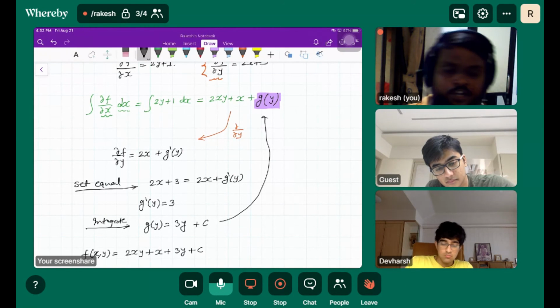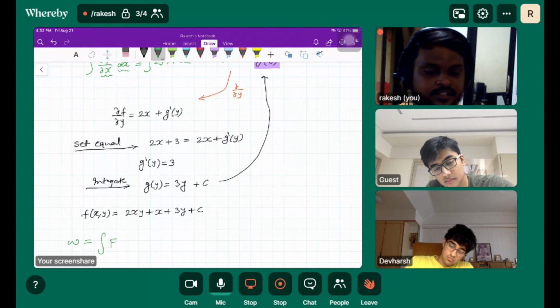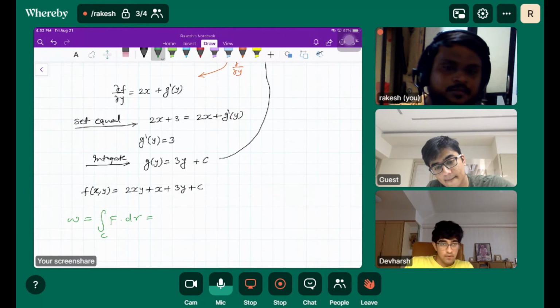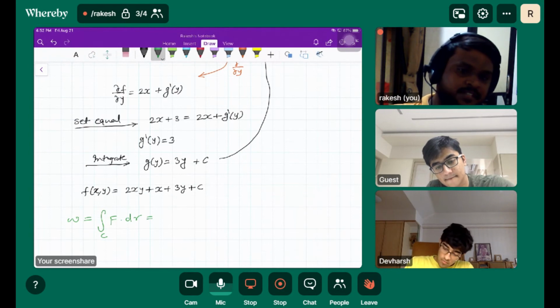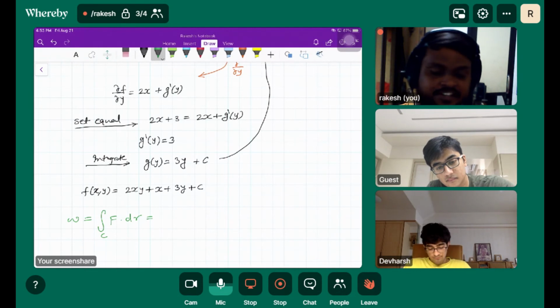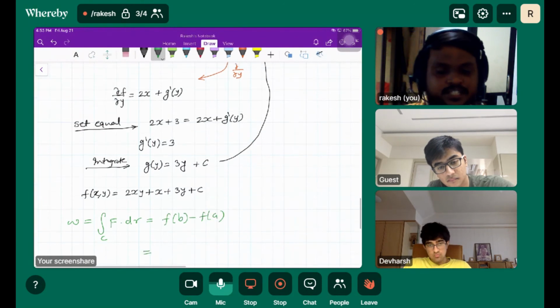Now, if we got the function, how do we find the work done? The work done is the line integral of F dot dr. But since F is a conservative vector field, now we can simply apply the fundamental theorem of line integrals. That will give us f of b minus f of a. What were the endpoints?